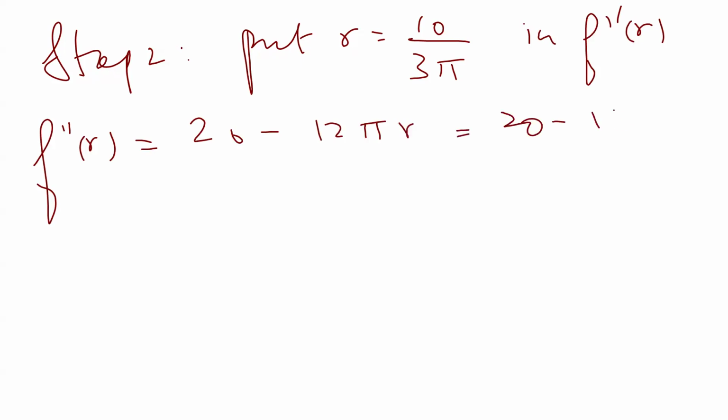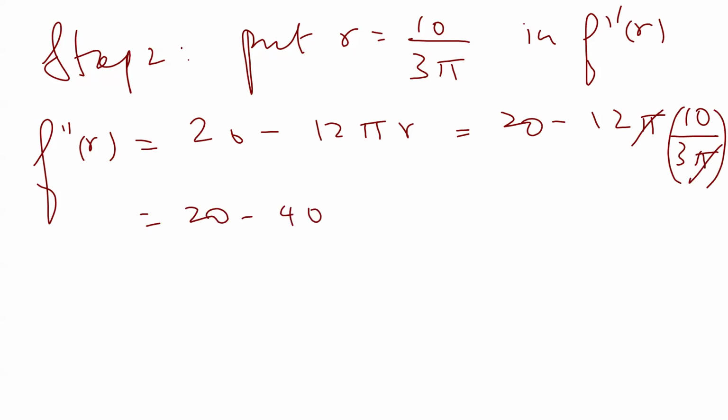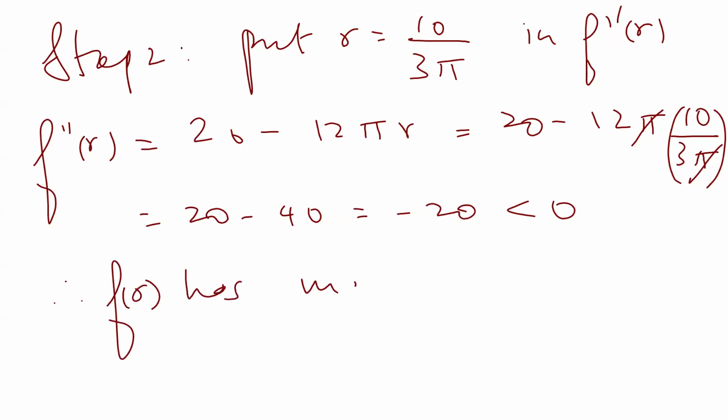So 20 minus 12 pi into 10 by 3 pi. So pi is getting cancelled. 3 ones are 3, 3 fours are 12, and this is 40. So this is minus 20. So this is negative, less than 0. Therefore, f of r has maxima at r is equal to 10 by 3 pi.